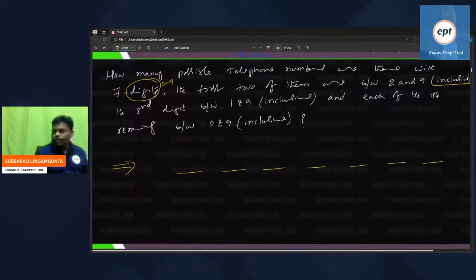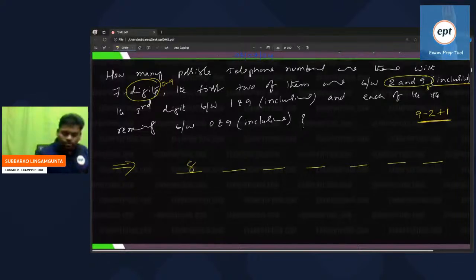Otherwise, you can use the formula for inclusive: 9 minus 2 is 7, plus 1, so 8 possibilities are there. So for the first digit, 8 possibilities.